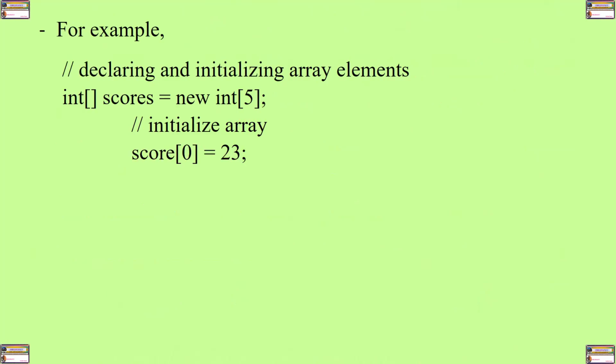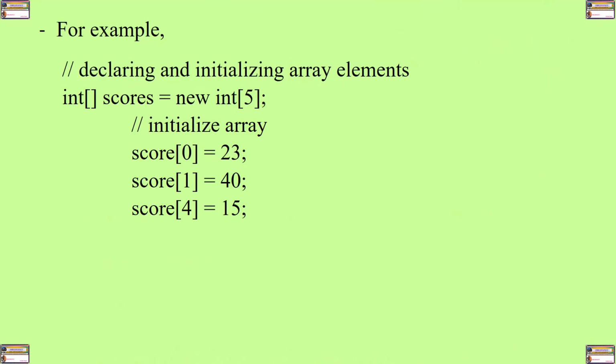Then to initialize this array called scores, we can initialize the elements one at a time. So the name of the array followed by the index, then you assign the value. In this case, 23 is being assigned to the first position in the array called scores, which is index 0. Then 40 at index 1, which is the second position.